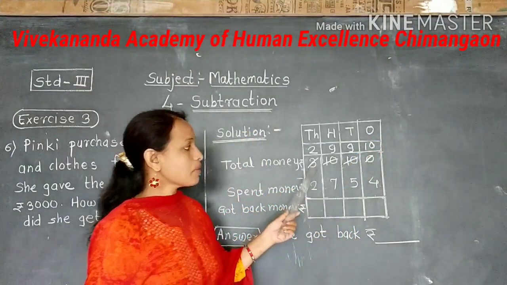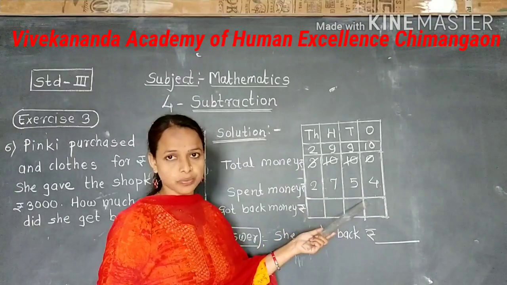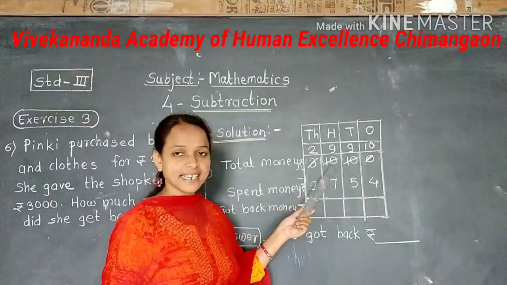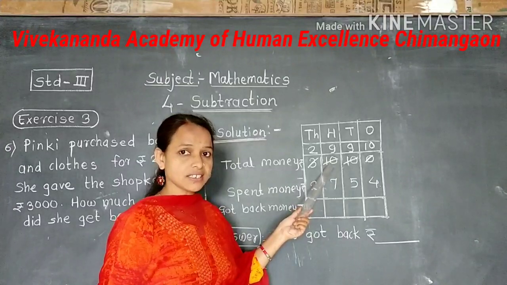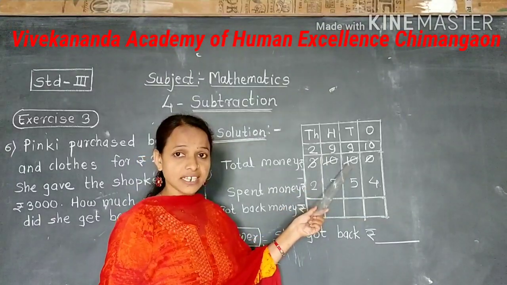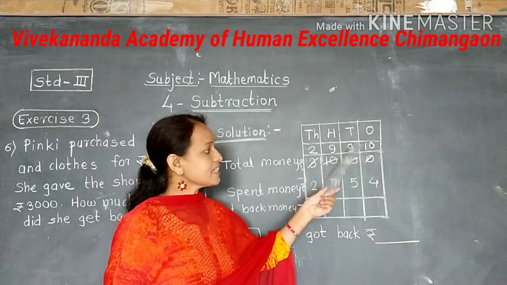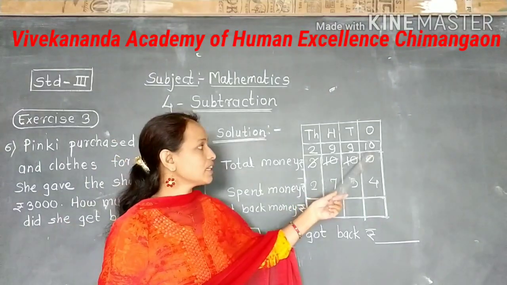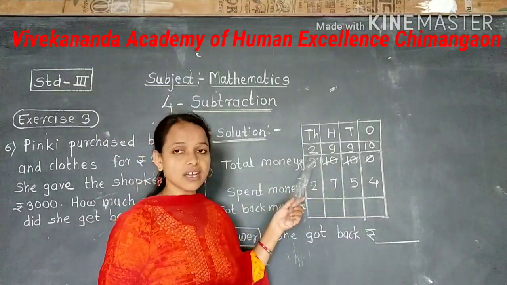In this way, by borrowing, we regroup. 3,000 regroups into 2,000 and 10 hundreds. 10 hundreds regroup into 900 and 10 tens. And 10 tens regroup into 9 tens and 10 ones. Now we have enough ones, tens, hundreds and thousands.